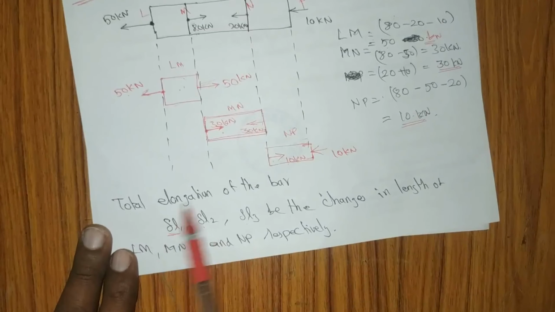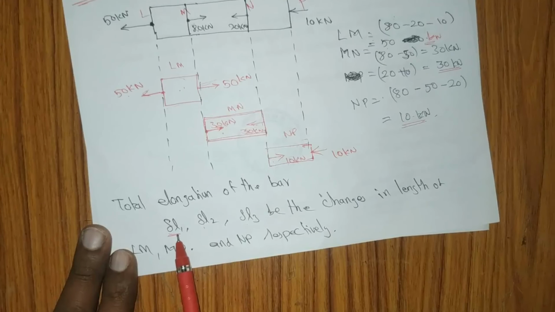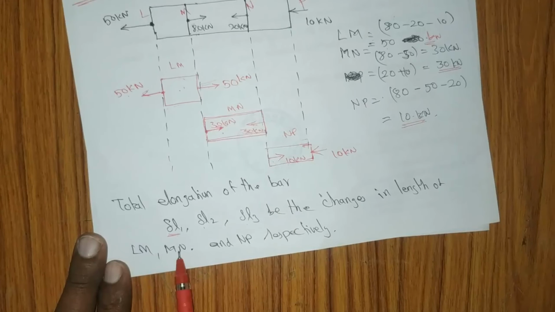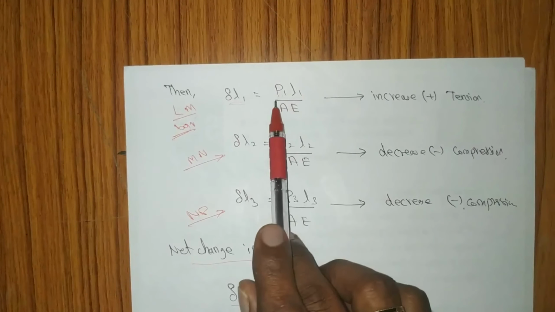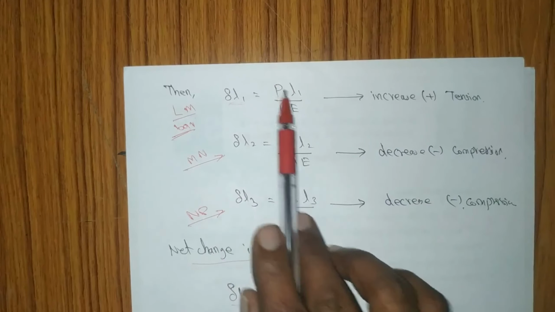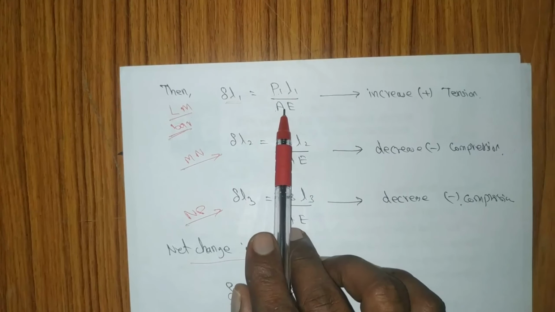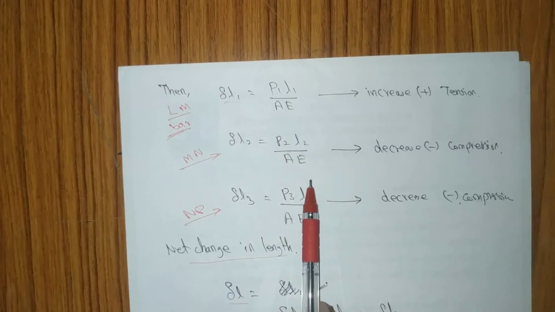So each and every bar will have a different elongation: delta L1, delta L2, delta L3 for the changes in LM, MN and NP respectively. We have the elongation formula, kindly note down: delta equals PL by AE. You have to remember this formula. If the area varies, A1 will come, and if the material varies, E1 will come, then A2, E2, A3, E3.